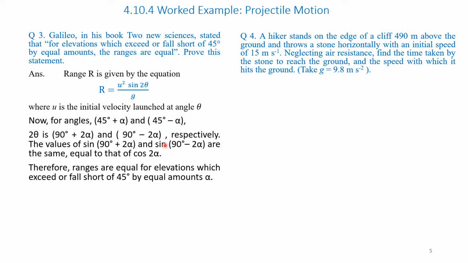Neglecting air resistance, find the time taken by the stone to reach the ground and the speed with which it hits the ground. Also take the value of g equal to 9.8 meters per second square.